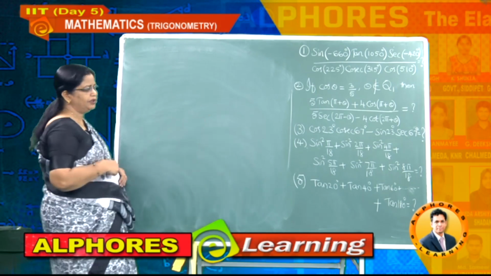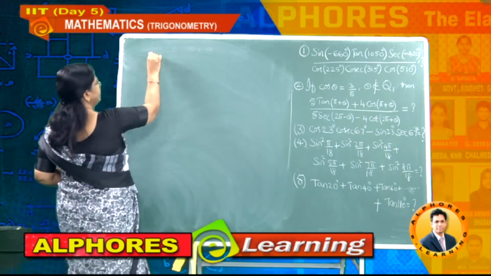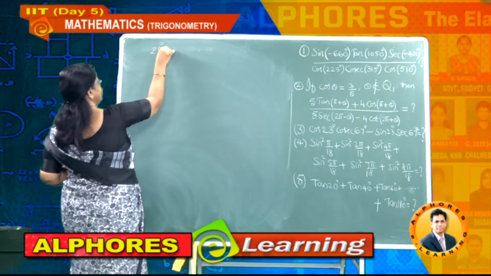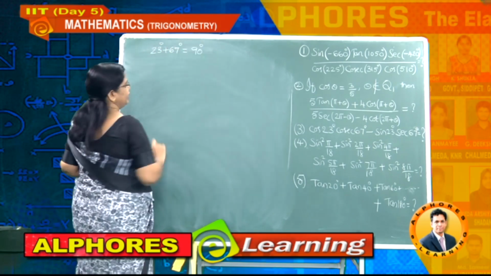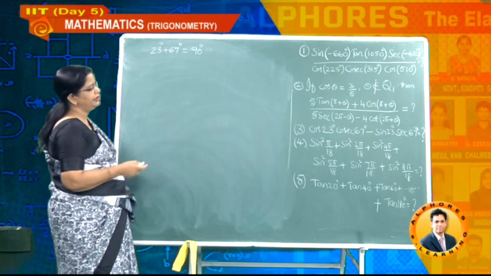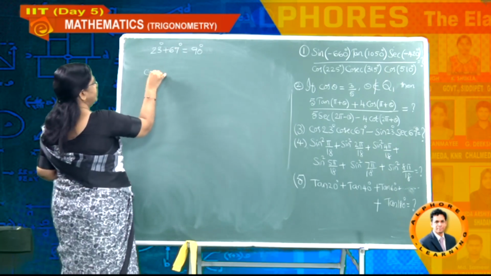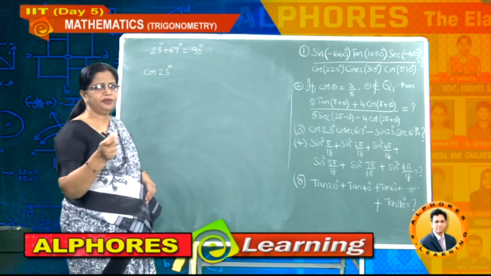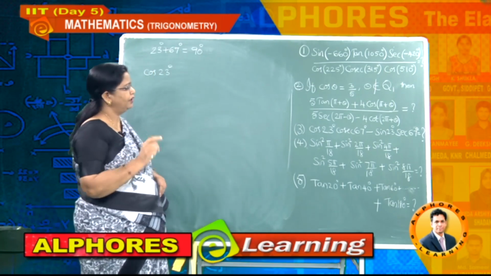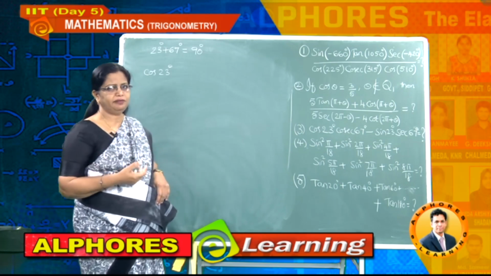Now, here these are complementary angles, that is 23 degrees plus 67 degrees equal to how much? 90 degrees. And hence, once these are complementary angles, cos 23 degrees I am leaving as it is. Usually the smallest acute angle we do not want to change, we always change the bigger values.